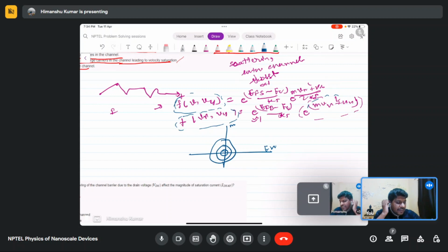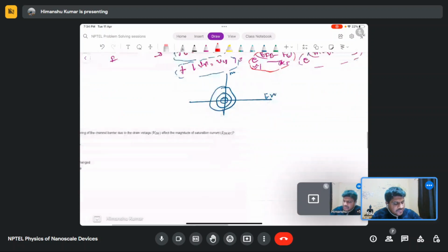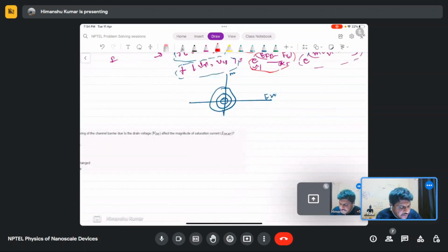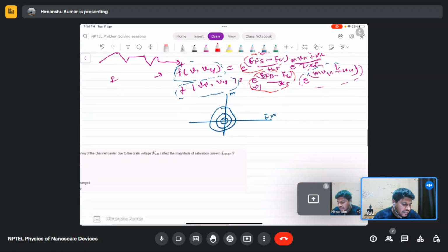But as we apply the bias, one factor starts increasing and the other starts decreasing, so our distribution starts becoming asymmetrical. As we increase the drain bias, this distribution will start becoming skewed.